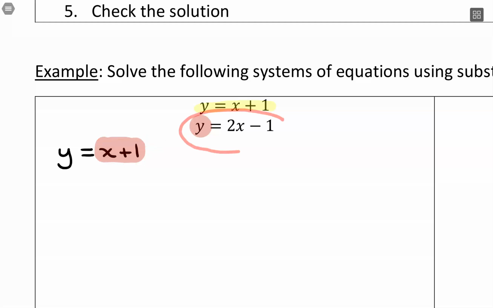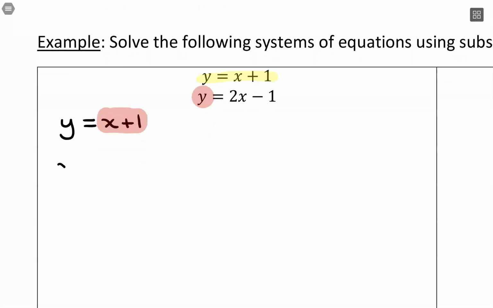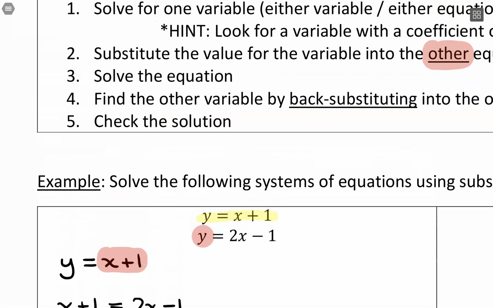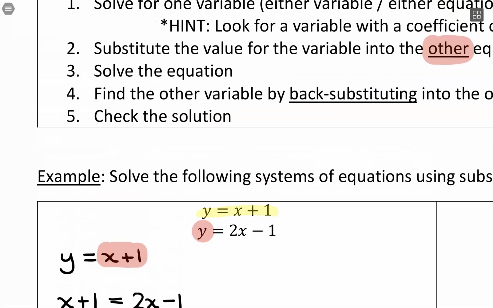So I'm going to take my other equation and substitute. It will look like x plus 1 on the left-hand side, equals 2x minus 1. This is what step 2 is talking about: substitute the value, x plus 1, for the variable into the other equation.